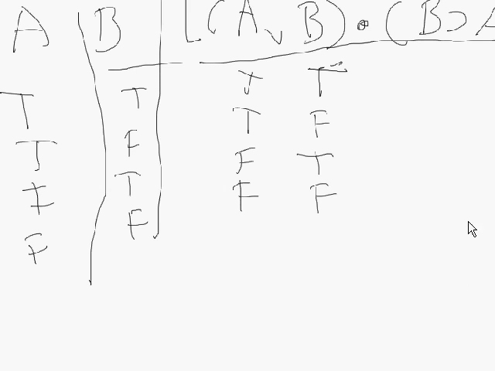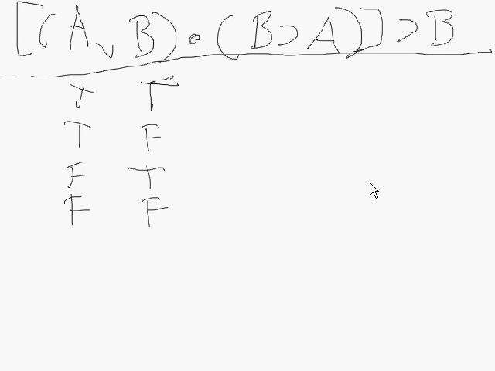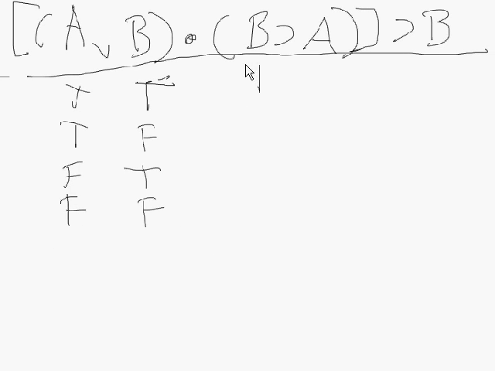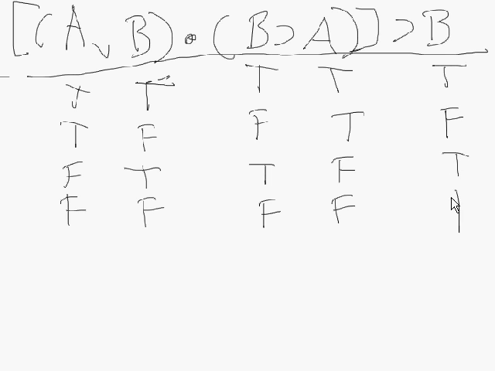So there's my B. Let's put our example back here. So B here is true, false, true, false. A is true, true, false, false. B, I hope, no, I'm doing it right. Okay, I thought I made a mistake there. So B is true, false, false.